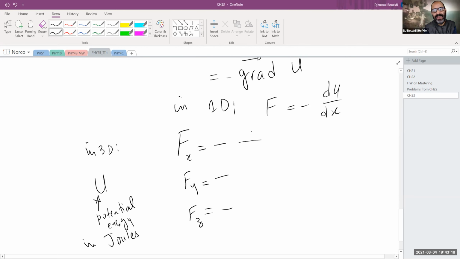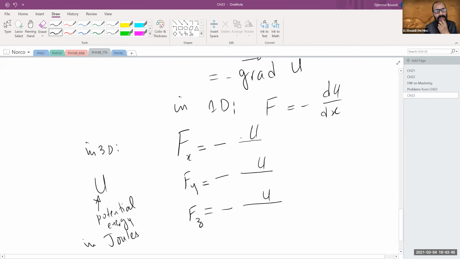So here is the thing. I have to take a derivative of this U with respect to x, just to draw parallels with this. And I already did it for the spring with respect to x and for the weight in terms of y, because gravity in this case points in the y direction, and the spring we took horizontally. That means it's in the x direction. So this derivative of U better be in the y direction. Now, in general, in the z direction, it has to be with respect to z.